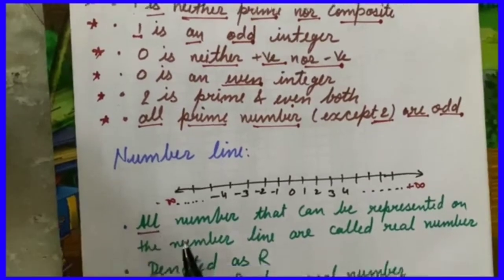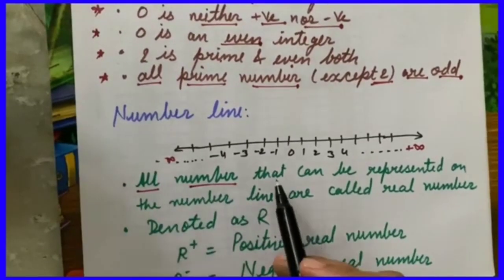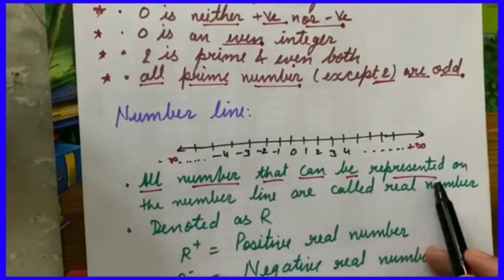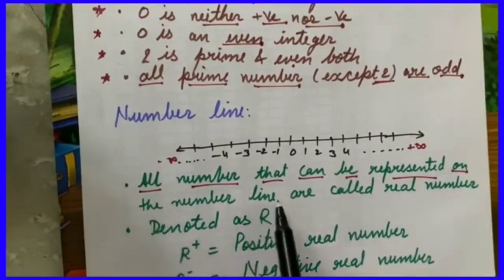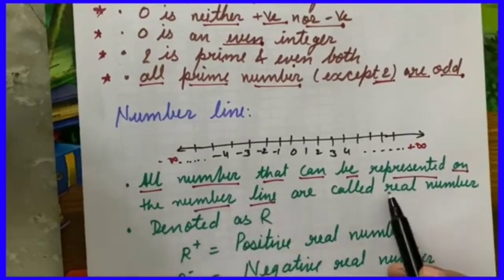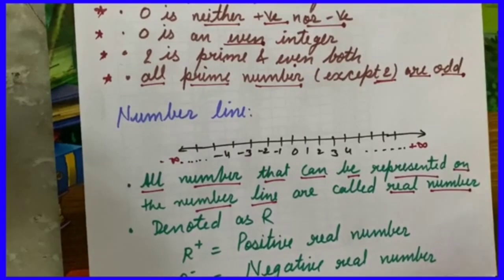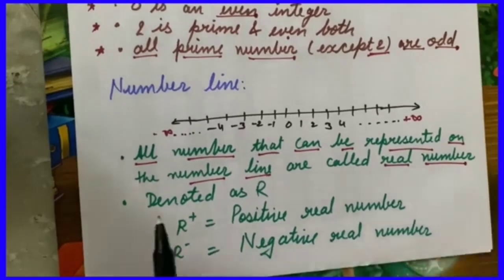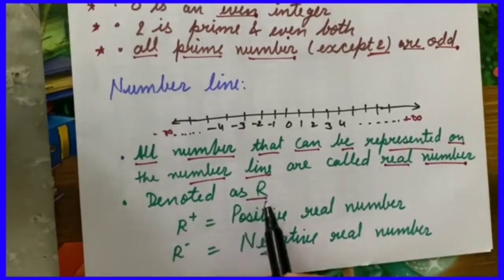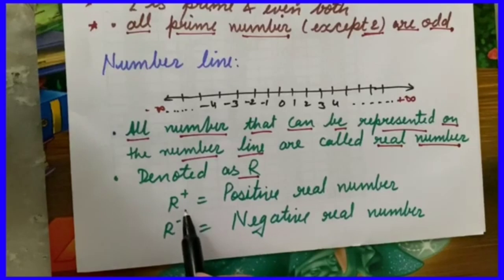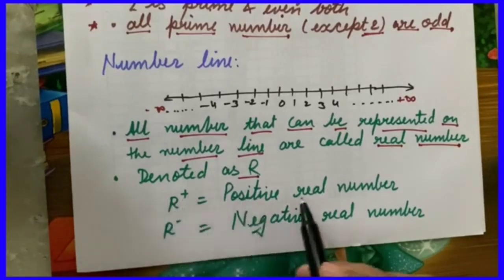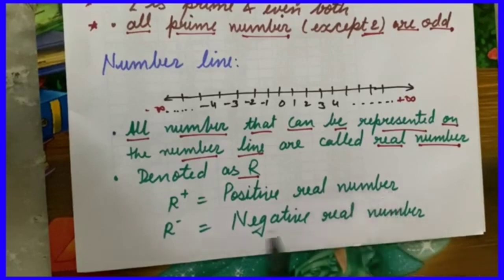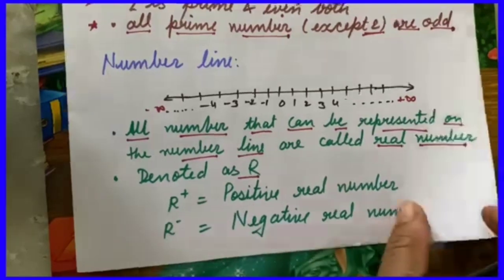So all the numbers that can be represented on the number line are called real numbers, and we can denote real numbers as capital R. If we are representing any set with R plus, then it is set of positive real numbers, and R minus is set of negative real numbers.